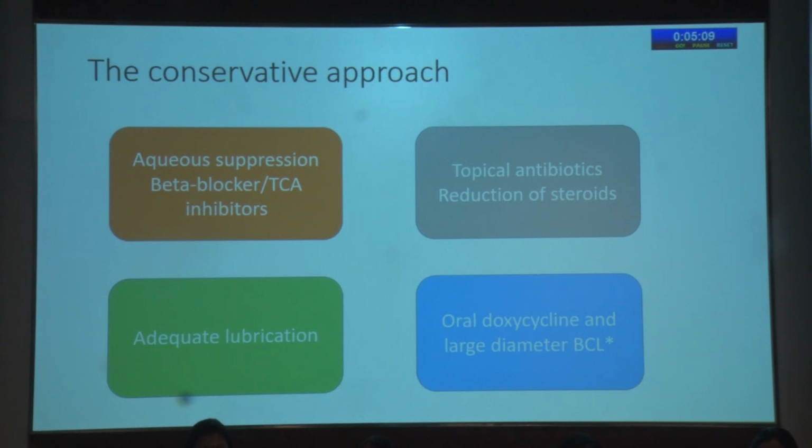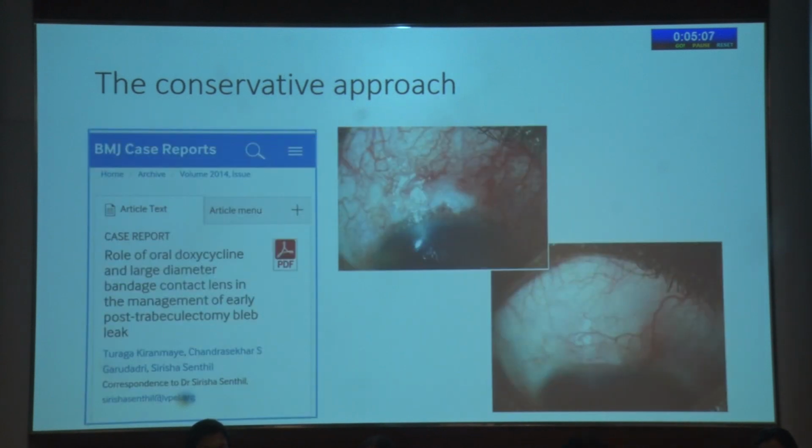So whenever I get something like a tissue necrosis towards the limbus or a leaking bleb, which is not extremely gaping or extremely brisk, we can use a large bandage contact lens and a submicrobial dose or a 100 milligram twice daily dose of doxycycline for a period of 2 weeks. Usually the blebs can be conservatively managed without taking this to an operation theater.